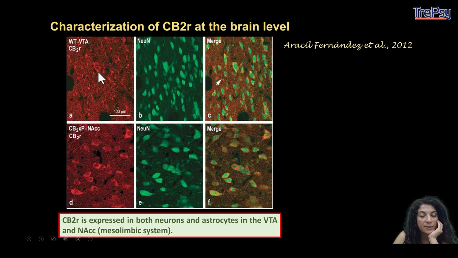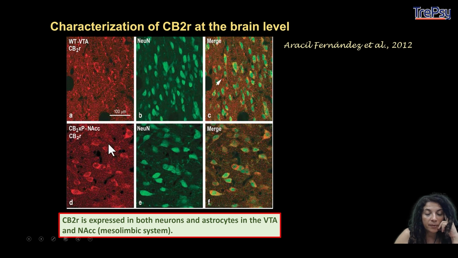We can see here in red the CB2 receptor, in the peripheral cytoplasm of the cell, and we labeled mature neurons with NeuN antibody in green. So in picture C, we can see the merge, the CB2 receptor expression in the cytoplasm and the nucleus in green.